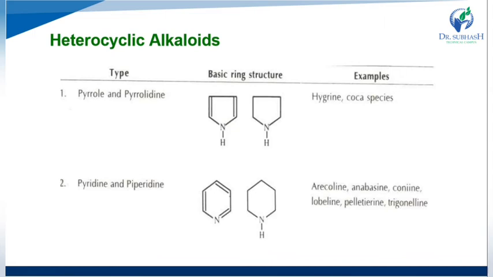In the heterocyclic ring, nitrogen is present. The examples are acrolein, ambasins, coniine, lobeline, pelletierine and trigonelline. Okay, these two classes and their examples we will see.